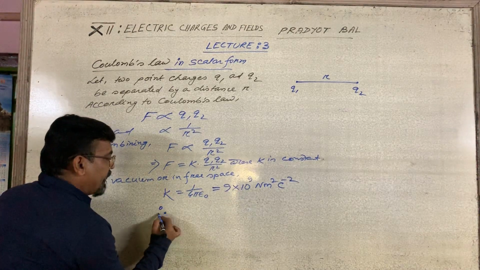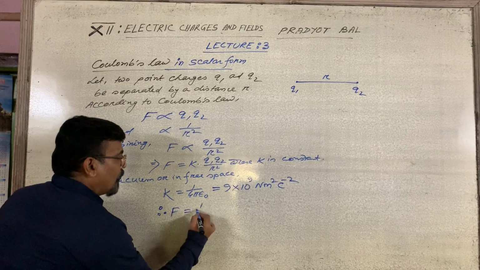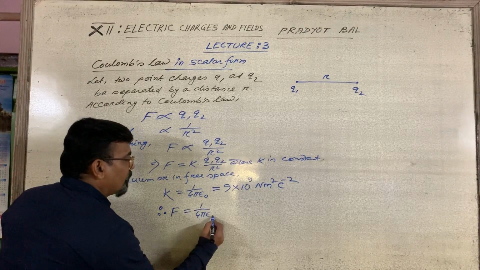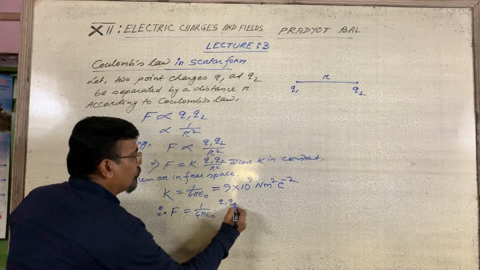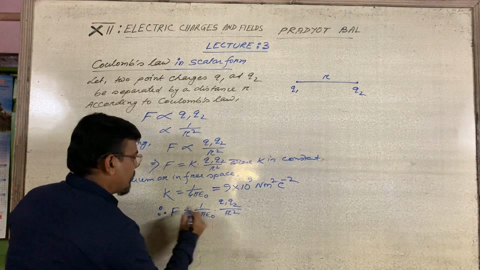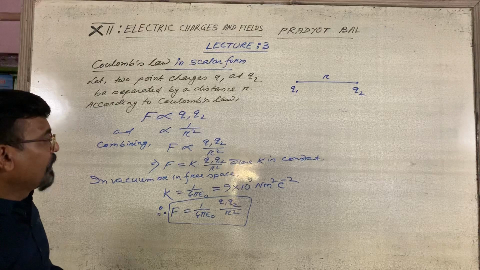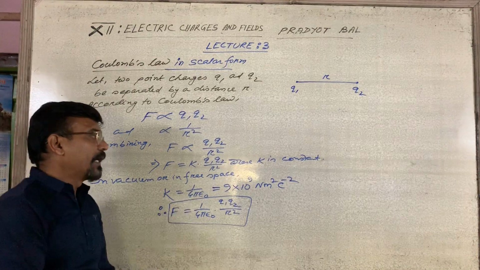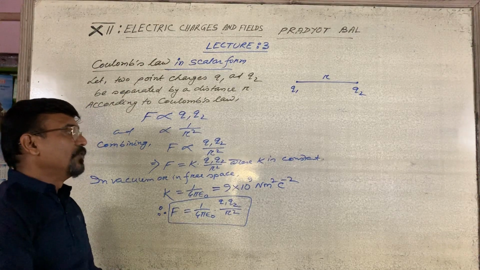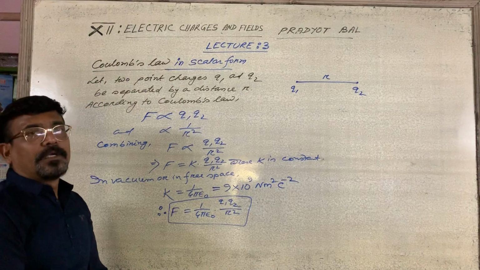So we can write F is equal to 1 by 4 pi epsilon naught Q1 Q2 by R square. This is Coulomb's law. And you must remember 1 by 4 pi epsilon naught is equal to 9 into 10 to the power 9 Newton meter square per Coulomb square.